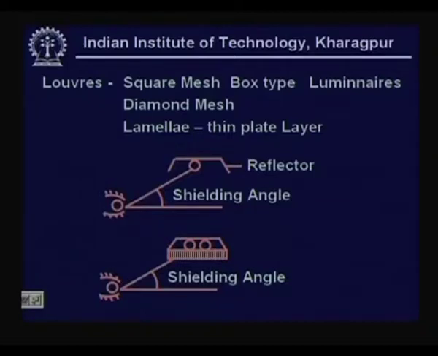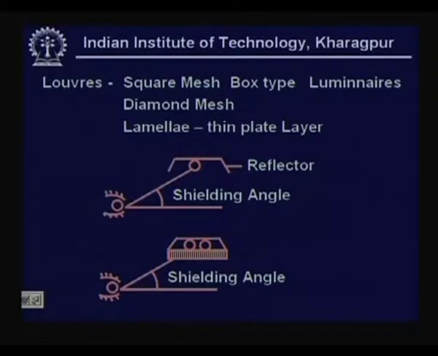The top one could be viewed as a fluorescent lamp, the circle denoting that, with a pure reflector, and the other one with a lamp placed below, shown in the form of a square mesh.